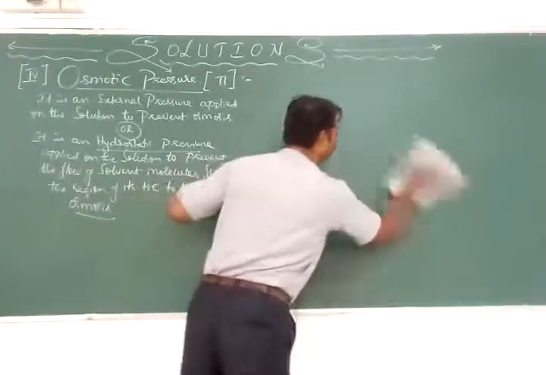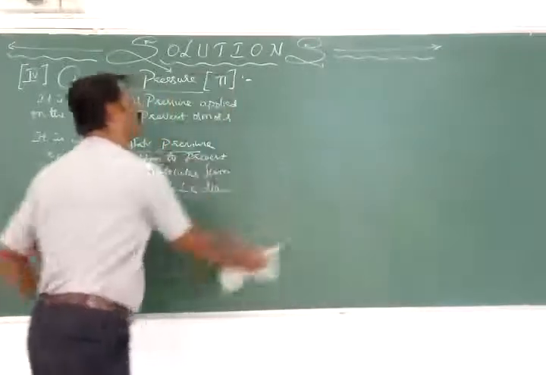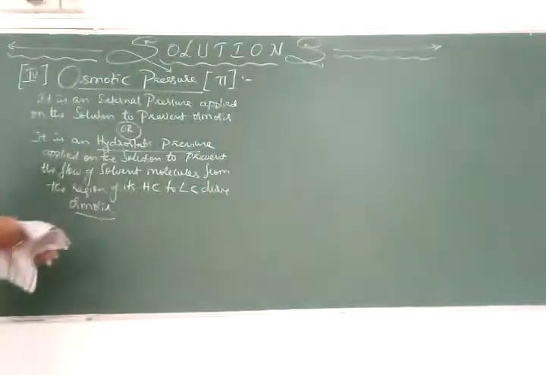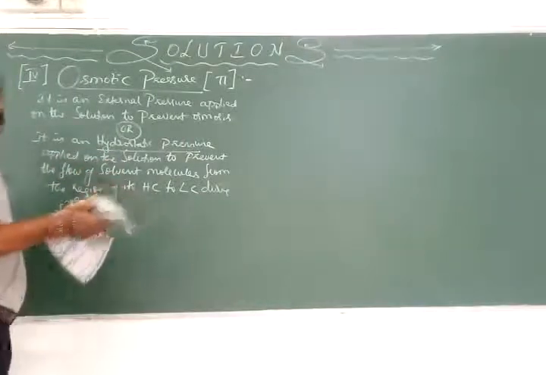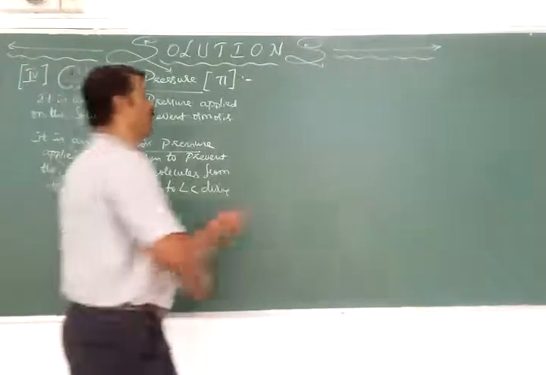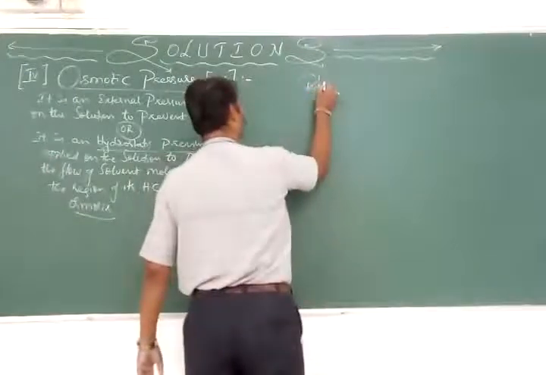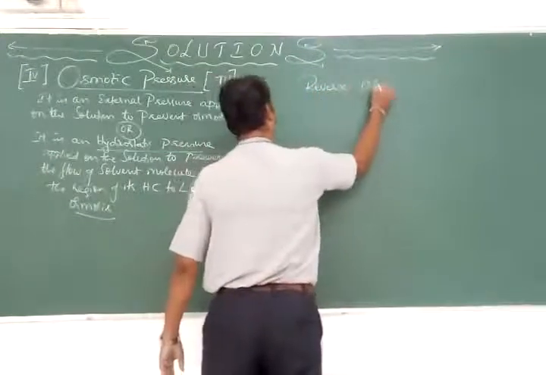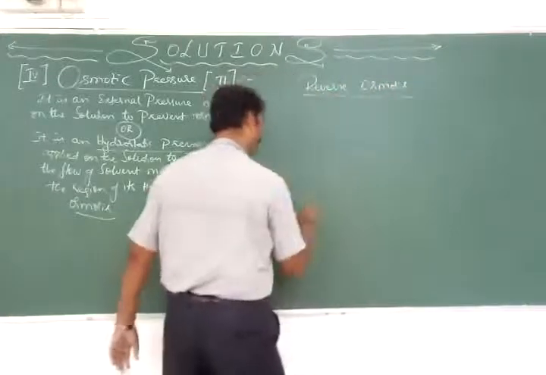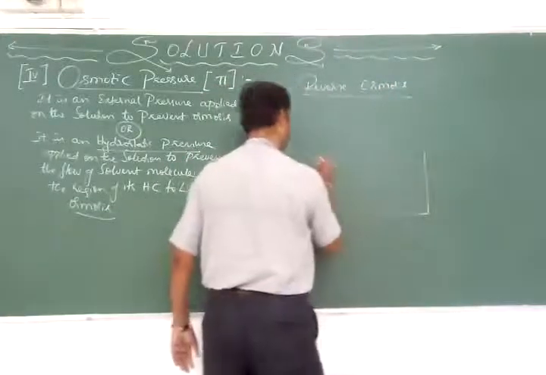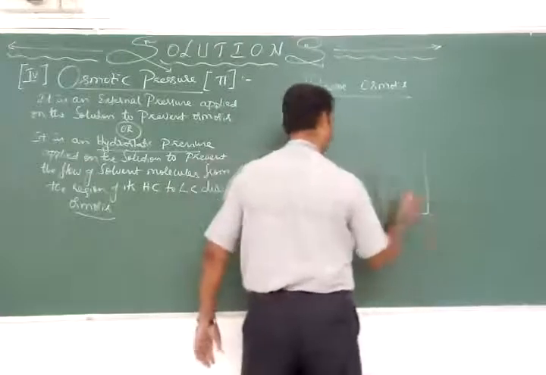Now we will have the proving of the colligative property with respect to osmotic pressure. Let us have the reverse osmosis also. Let's make this one very clear, and then we'll move on to the proving of colligativeness. The same thing.